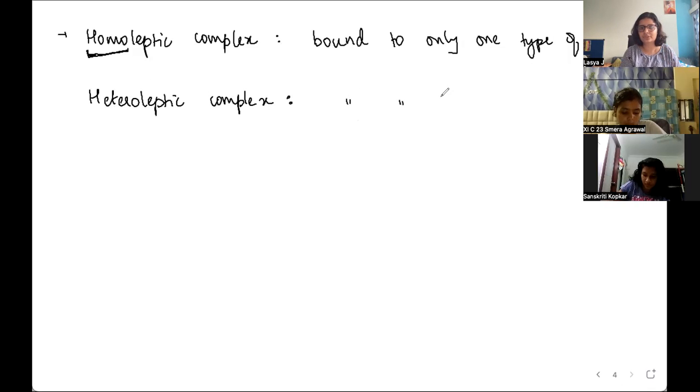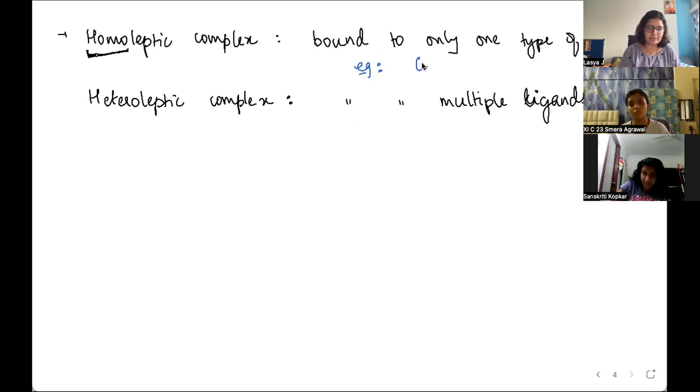It's bound to multiple ligands. Sorry, not complexes. So homoleptic का example अभी तक जो भी complex लिया हमने, all of them are homoleptic. Another example, take any CO, NH3 taken 6 times 3 plus.